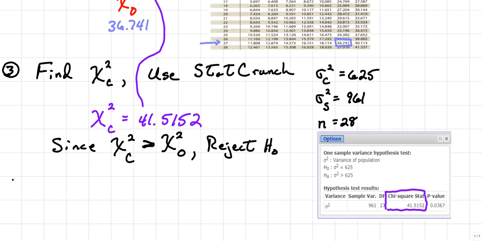So how would I state this? Well, simply stated, there is enough evidence at the 10% level of significance to reject the Weather Service's claim that the standard deviation of the number of fatalities per year from tornadoes is no more than 25.